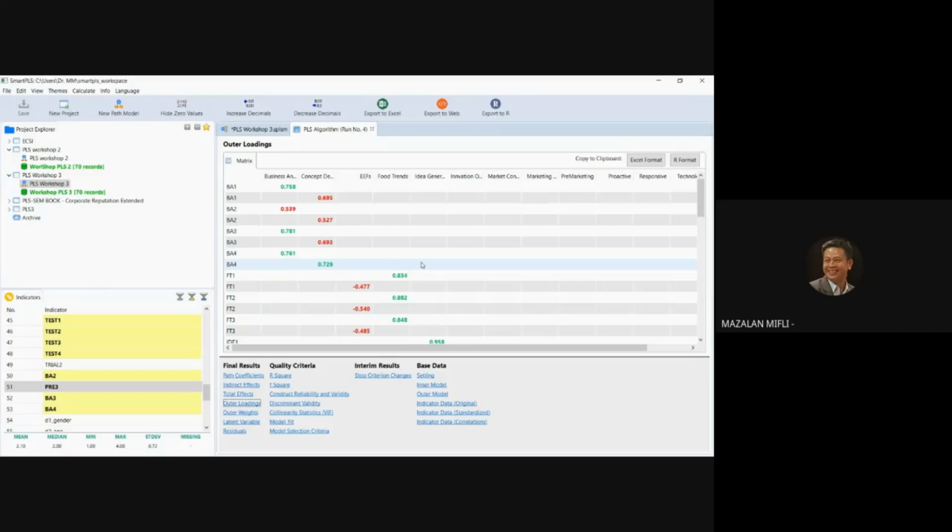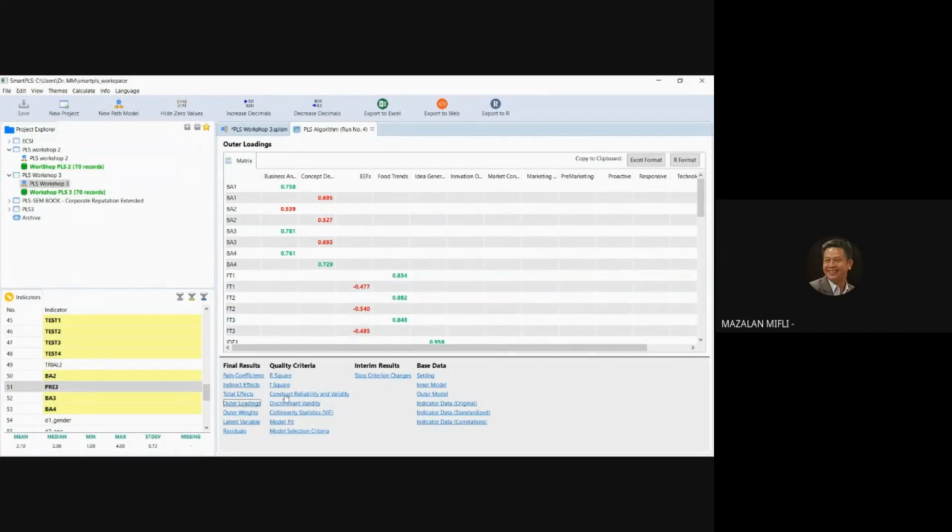You need to report the loadings and cross loadings to ensure that all those loadings belong to their respective constructs. So yeah, you know what loadings and cross loadings are.